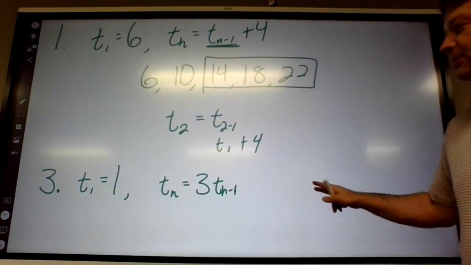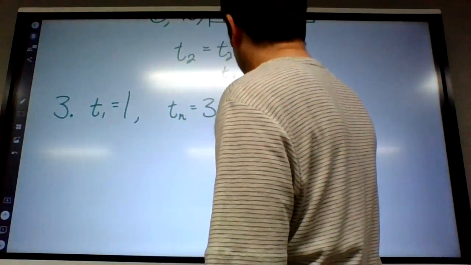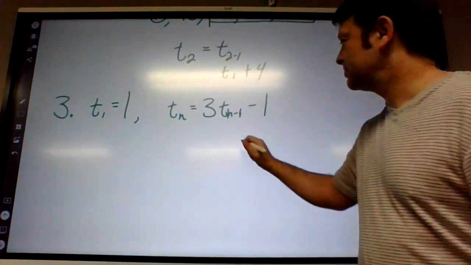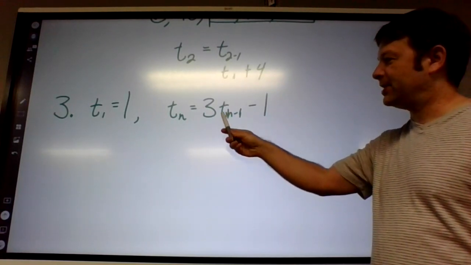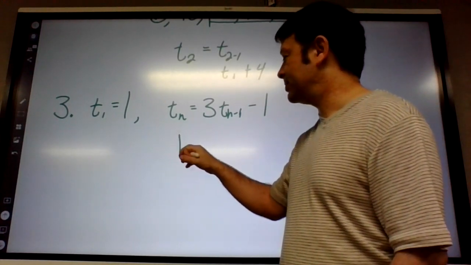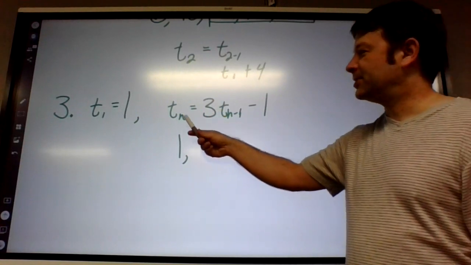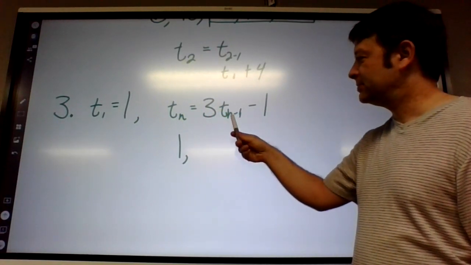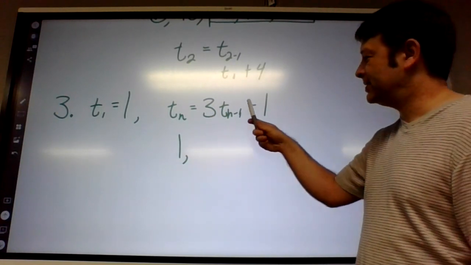Okay, so we're starting. Wait, did I write this right? Oh, there's a minus 1 over here. So this time it's going to be times 3 and minus 1. That's the pattern. The first term is 1, because they told us. The second term, t sub 2, is going to be t sub 1, which is 1, times 3, minus 1.